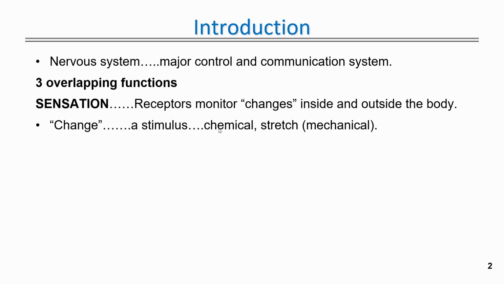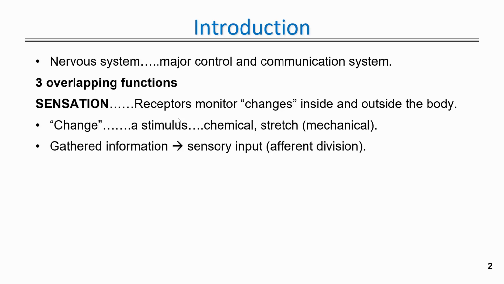So a chemical that would activate a neuron that functions as a sensor, or tissue that is stretched that we call a mechanical stimulus, will all generate a signal that goes to the nervous system that conveys this sensory information.